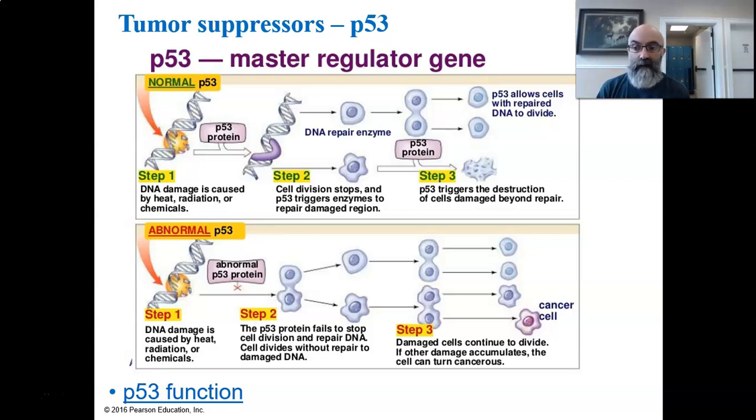Okay. Now, if p53 is damaged, mutated by all those mutagens that we talked about, right? And the DNA becomes damaged in another part of the cell or in a different cell, that damaged cell will be allowed to go through the S phase. That damaged DNA will be copied, right? And so the resulting daughter cells are going to have mutated DNA.